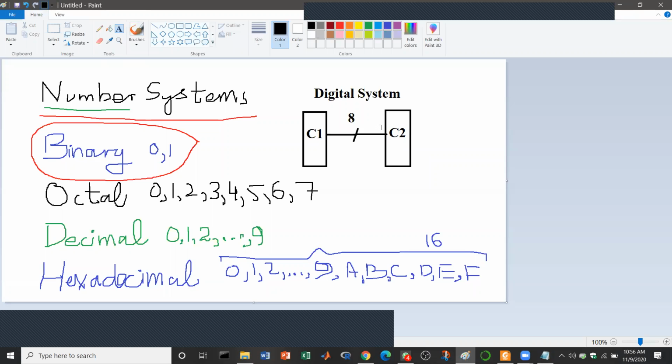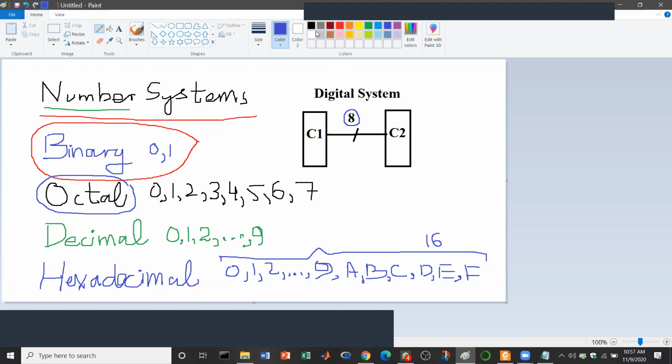These are the computer components, or electronic components, or the ICs, the integrated circuits. So this 8 is the reason that we study the octal number, because this is the communication pathway.